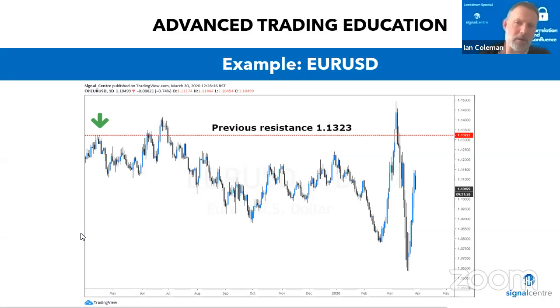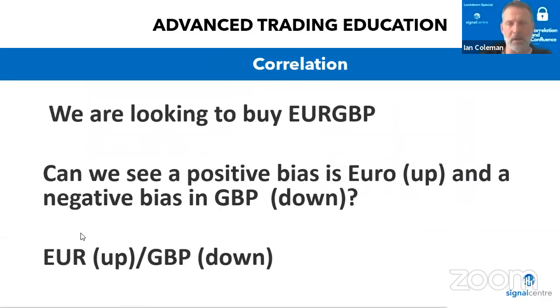Now I want to talk about correlation. We're going to use the same example to highlight correlation. So say we're looking to buy euro sterling, and again I'm just going back to the call that we had this morning. Can we see a positive bias for the euro to go up?